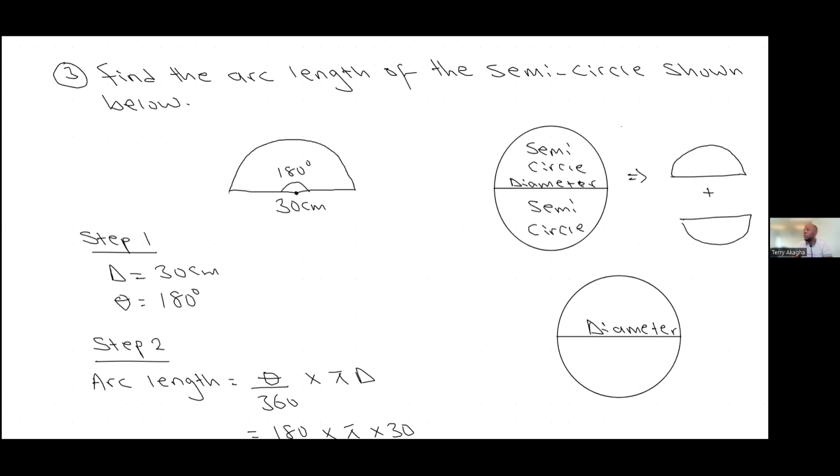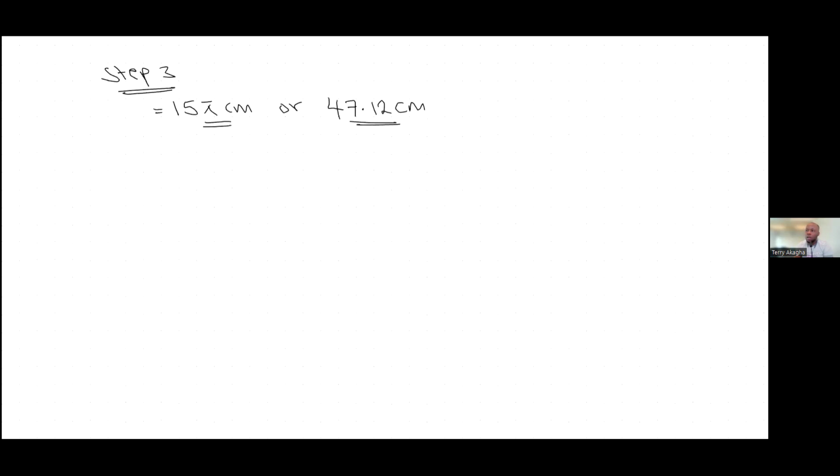What I can do, I will just throw in the last question here, number 4. Just the last question for this video before I go to the next one on how to find the area of a sector. All right, so let's go. Let's make it more interesting.